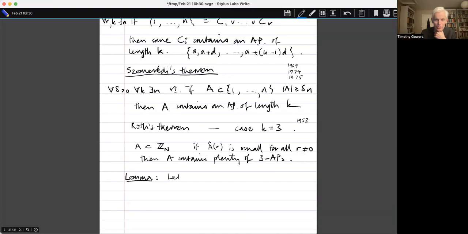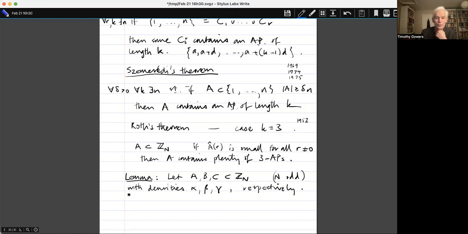So let A, B, and C be subsets of Zn, where n is odd, with densities alpha, beta, and gamma respectively.